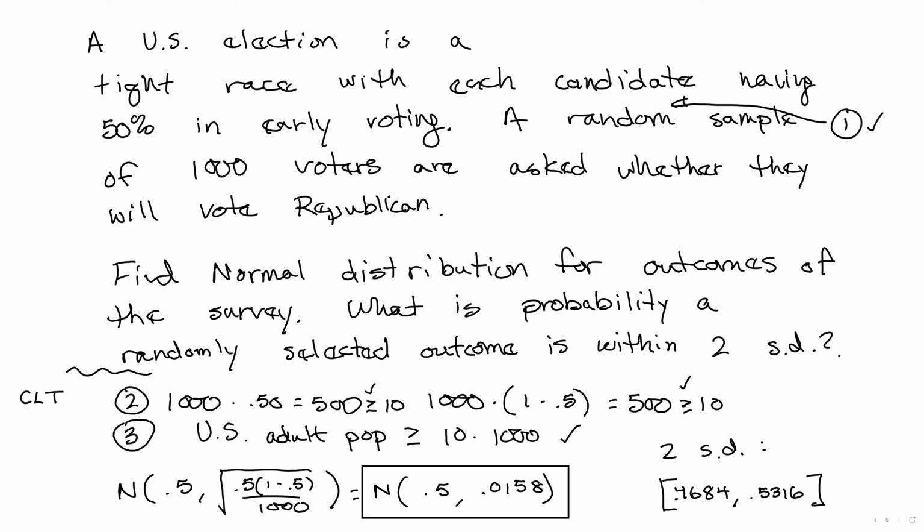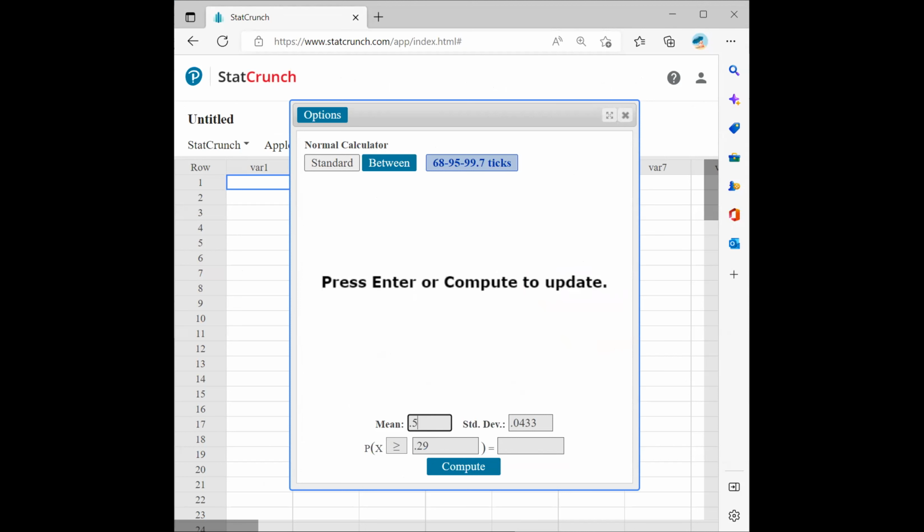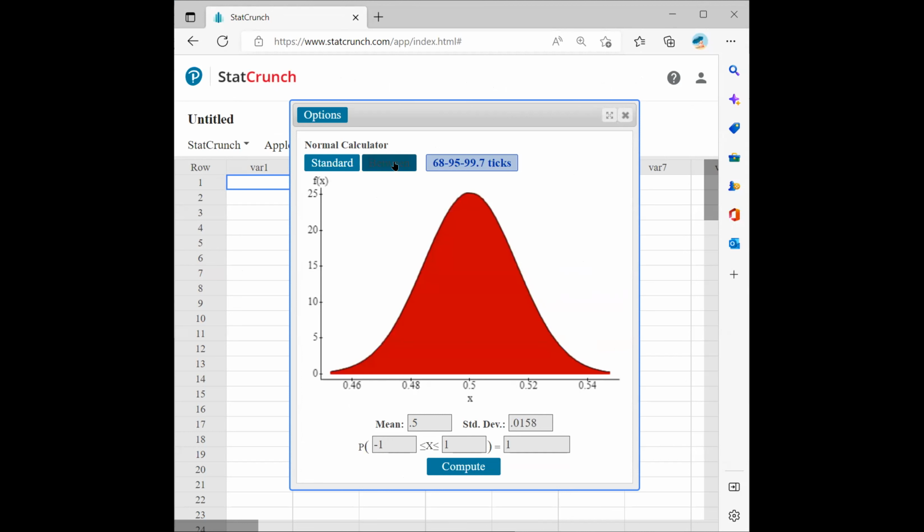All right, so here we've got our StatCrunch, so we need to change these. So let's change the mean. The mean is 0.5. The standard deviation, we just went through and found it. It is 0.0158. We need to change this to between, because we want between outcomes.